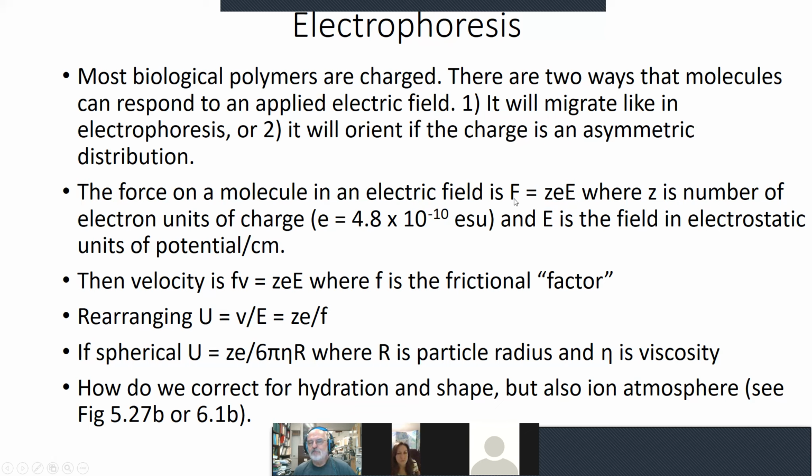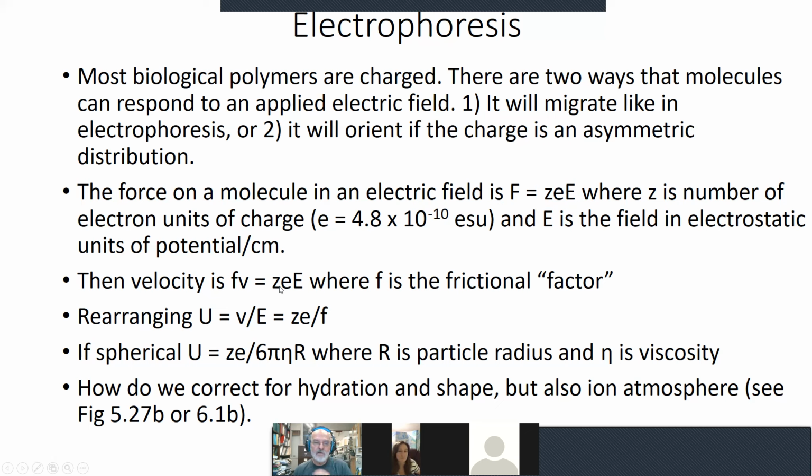And then once there's a force on the molecule, okay, it responds by moving. And so there's a velocity that occurs. And as soon as there's motion, there's resistance to motion. So there's a frictional factor, which we call a frictional coefficient. So the velocity then comes out of the force being equal to the frictional coefficient times v for velocity.